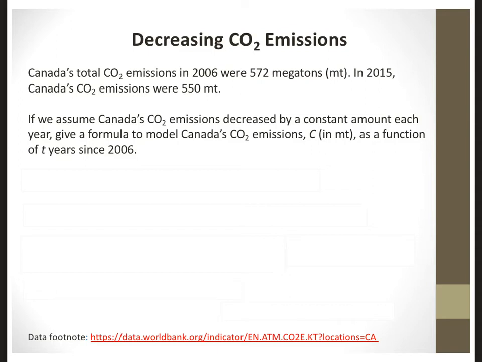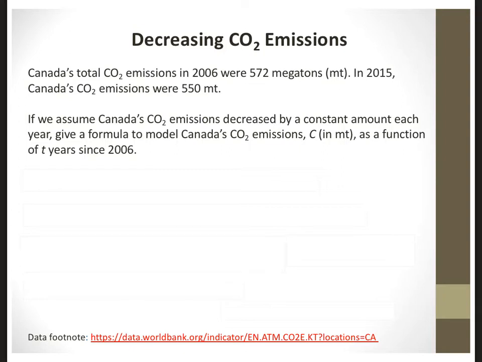Okay, so let's take a look at an example. Let's consider Canada's CO2 emissions. In 2006, Canada's CO2 emissions were 572 megatons. And over the 9-year period from 2006 to 2015, Canada's CO2 emissions were decreasing at a pretty steady rate, and they decreased down to 550 megatons.